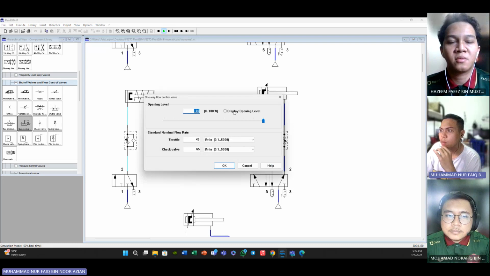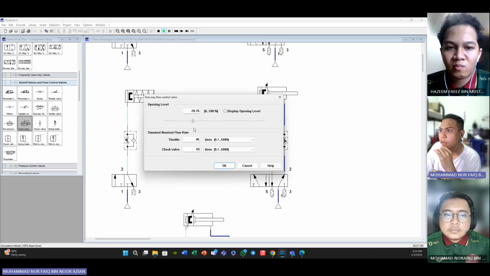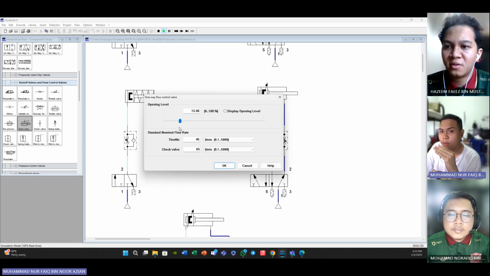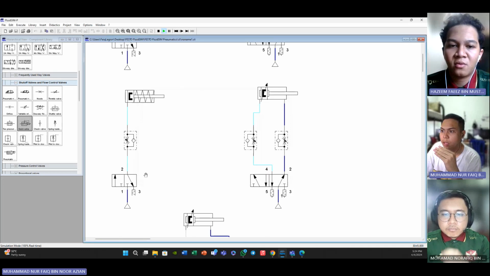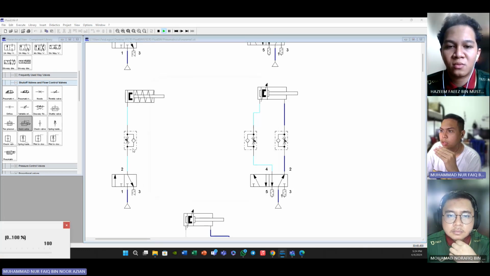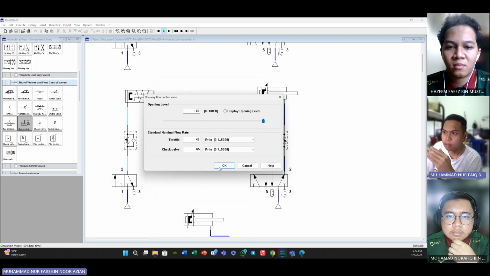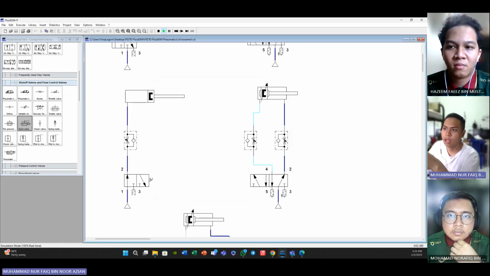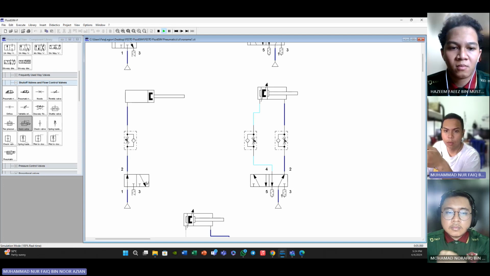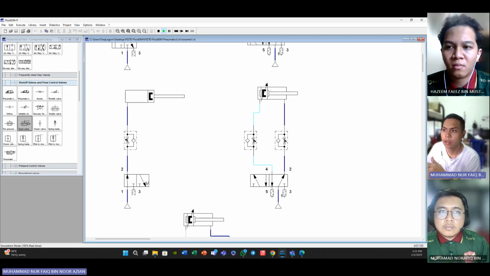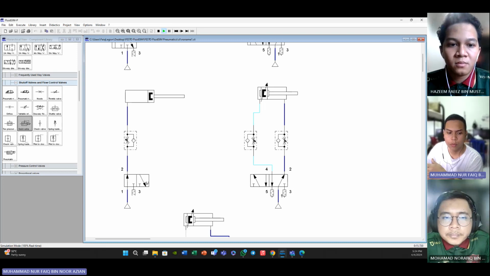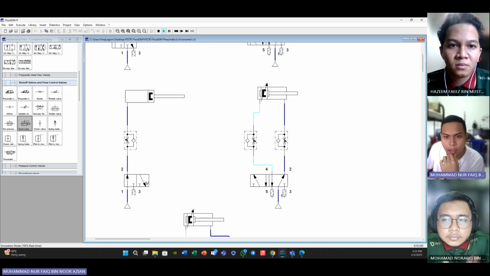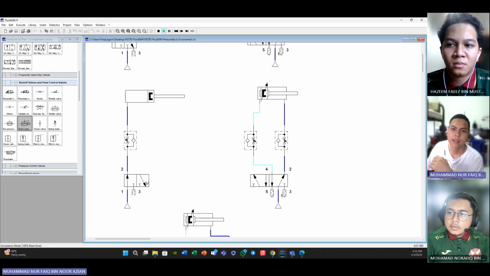So as we can see here, we can also adjust the opening level to get a more suitable amount for our speed. Let's say if I make it max, you see the airflow through the line is very fast. So it will result in the piston moving too fast.